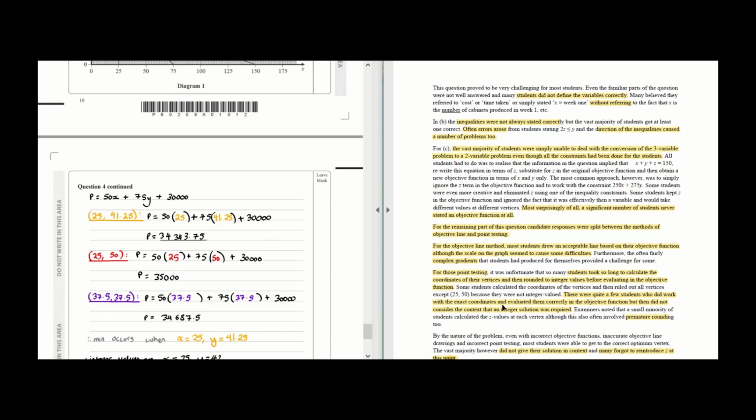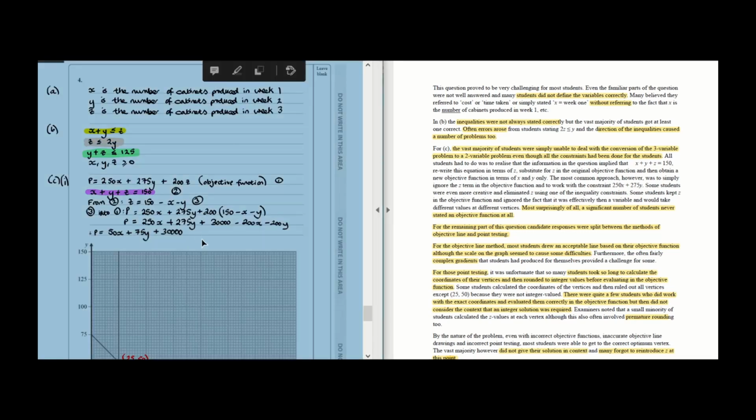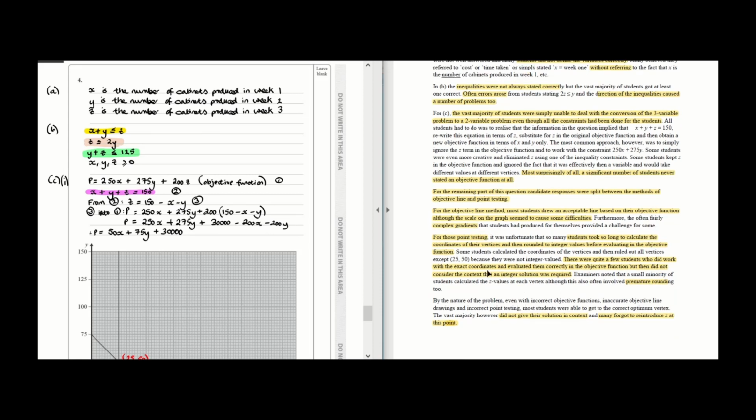Some students worked with the exact coordinates, so there were a few who used the objective function, which was the p function over here. There was also premature rounding. Be careful with your rounding.